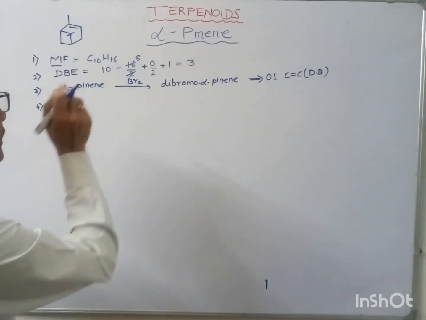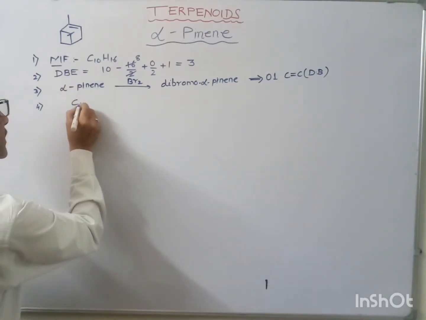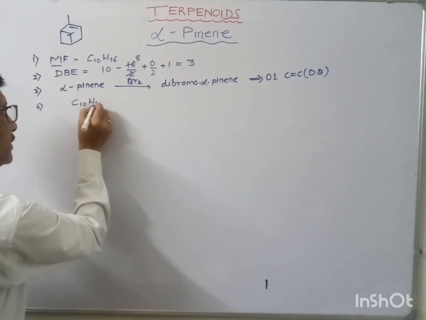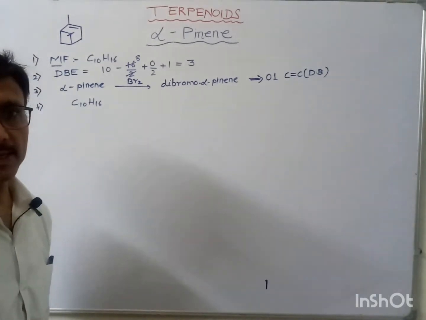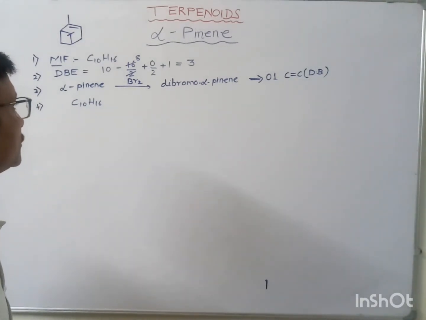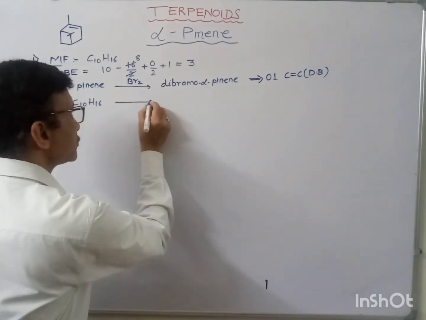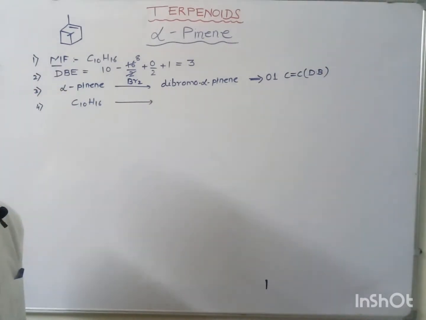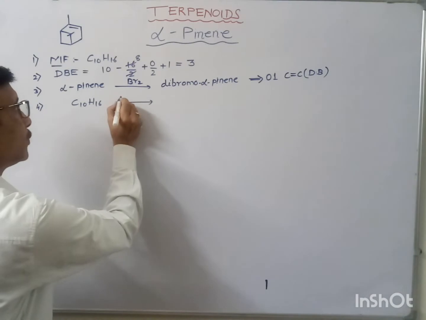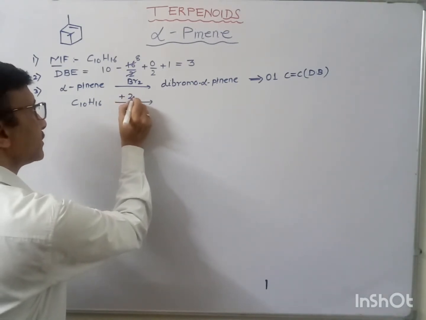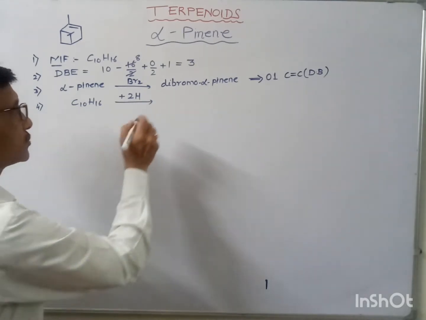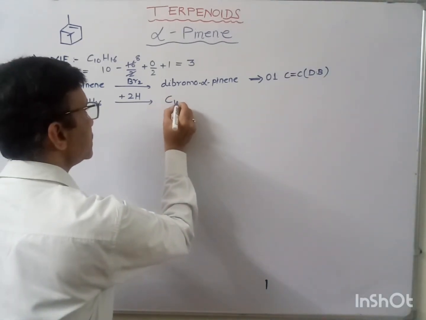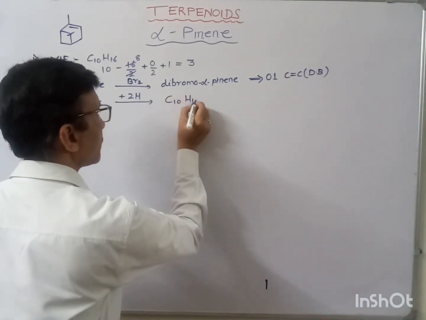Now, as the molecular formula is C10H16 and it contains one double bond, one unsaturation is present. So if we saturate this formula, we have to add 2 hydrogen atoms. Adding these 2 hydrogen atoms will give C10H18.